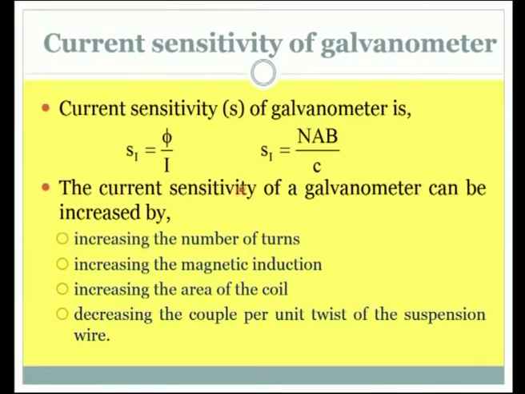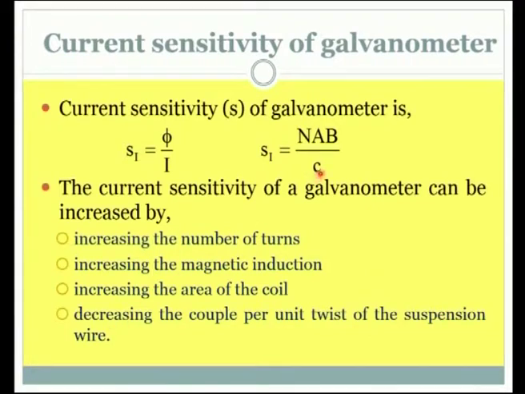The current sensitivity of a galvanometer can be increased by these steps. These steps are written based on this equation. Increasing the number of turns because it is in the numerator, increasing the magnetic induction B because it is in the numerator, increasing the area the same way because it is in the numerator, and decreasing the couple per unit twist of the suspension wire.